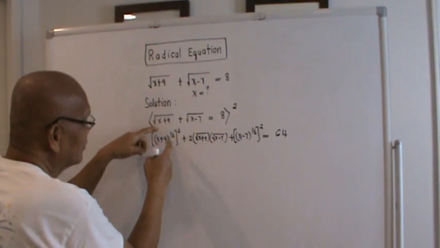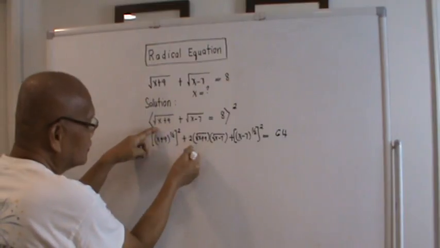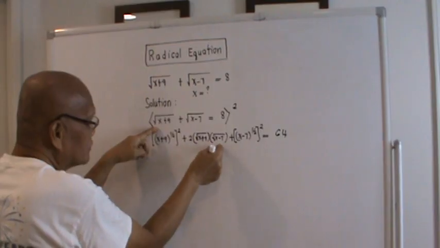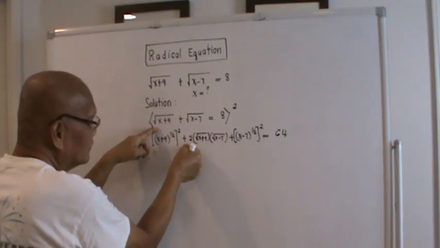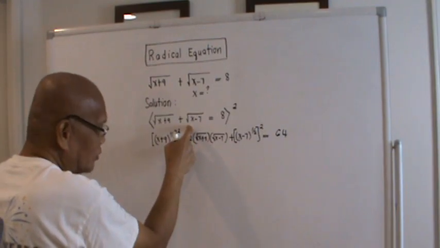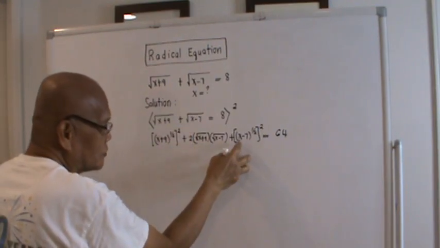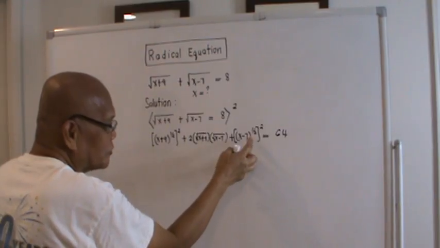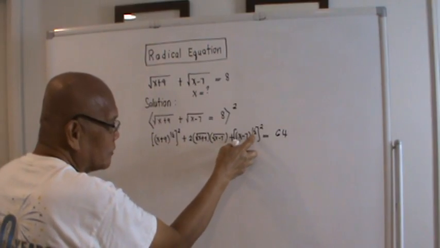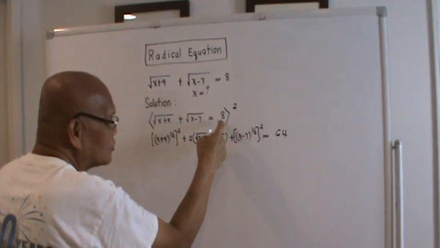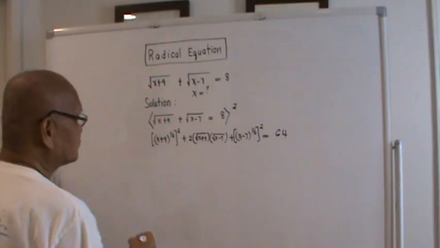The middle term will be the product of the first and second, multiplied by 2. And the last part will be the square of the square root of x minus 7. I just rewrite x minus 7 raised to the 1/2, instead of placing square root, because I want to cancel something. And the square of 8 will be 64.